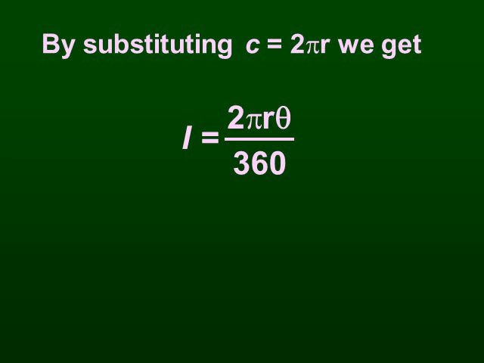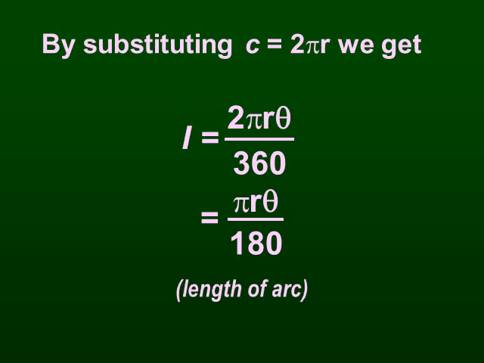The arc measure goes in for theta. The arc length goes in for L. But we can simplify this even a little bit more, because 2 over 360 can simplify. 2 goes into 2 one time, and 2 goes into 360 180 times. So the length of the arc is pi r theta over 180.